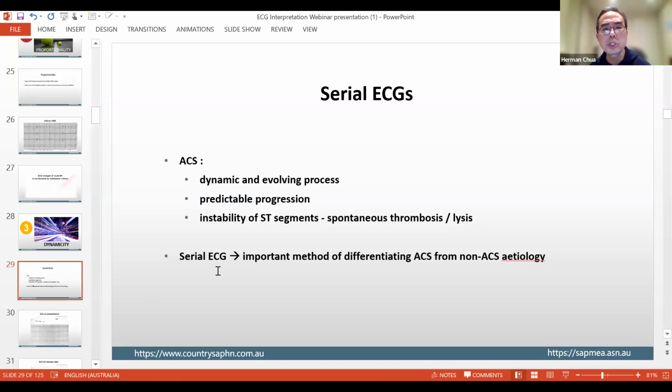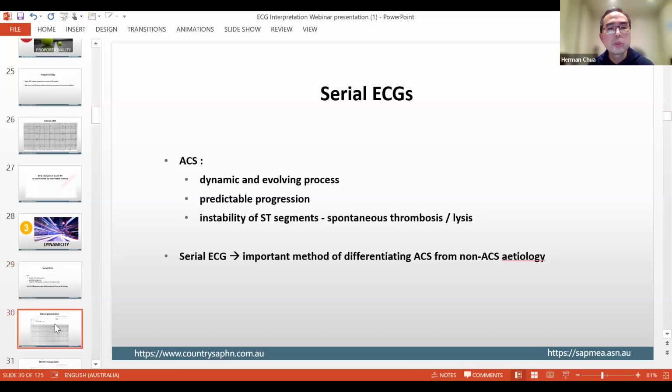So serial ECG is important to differentiate between ACS and non-ACS etiology, because generally speaking, non-ACS causes of ST segment elevation, for example LVH, left bundle branch block, etc., generally don't evolve in that time span of minutes to hours. Generally, they don't.